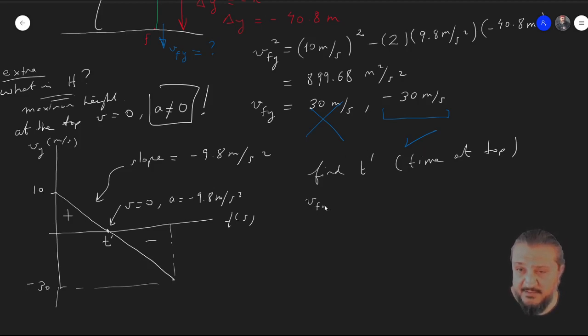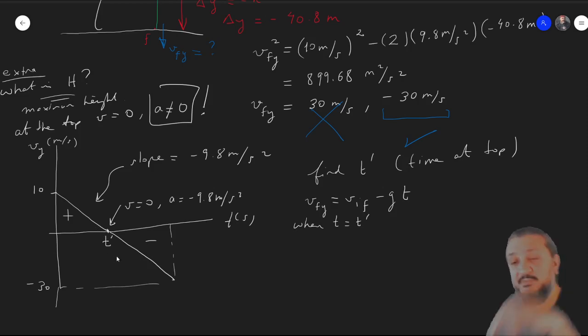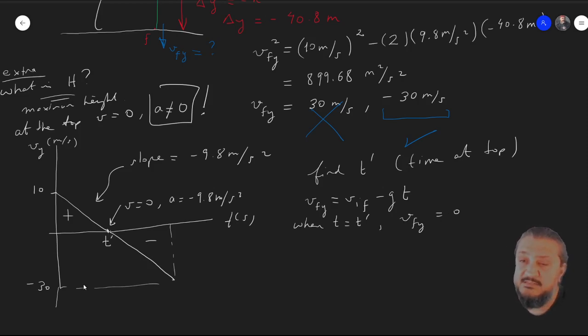Remember, v final y is equal to v initial y minus gt. That's the first formula, right? So solve this equation for t. When t is equal to t prime, v final y is 0.